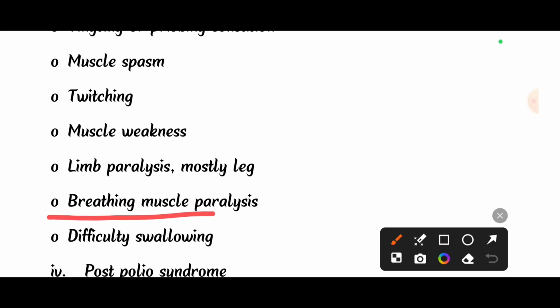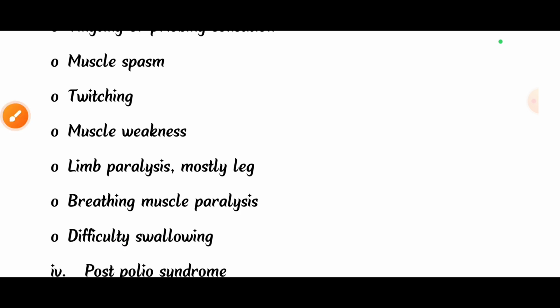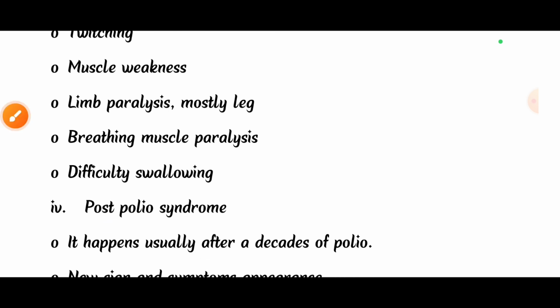Of course, when the breathing muscles are paralyzed, it is difficult to swallow.